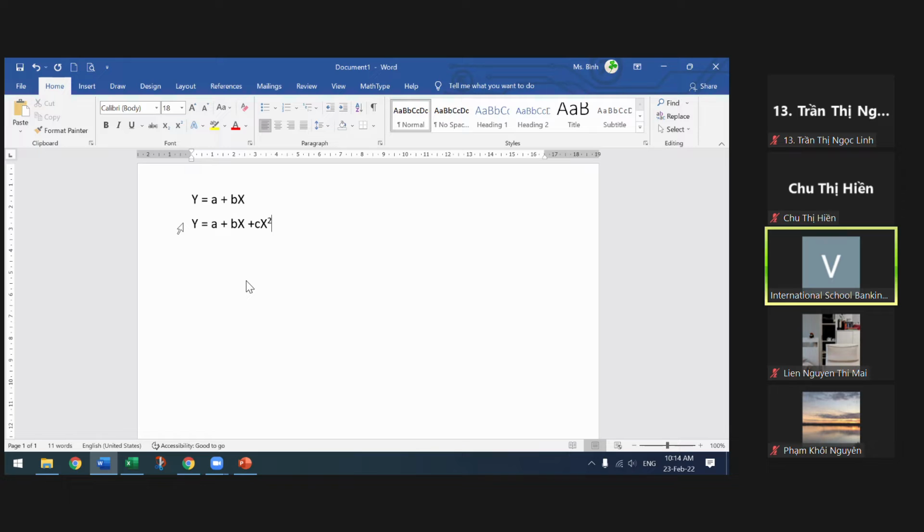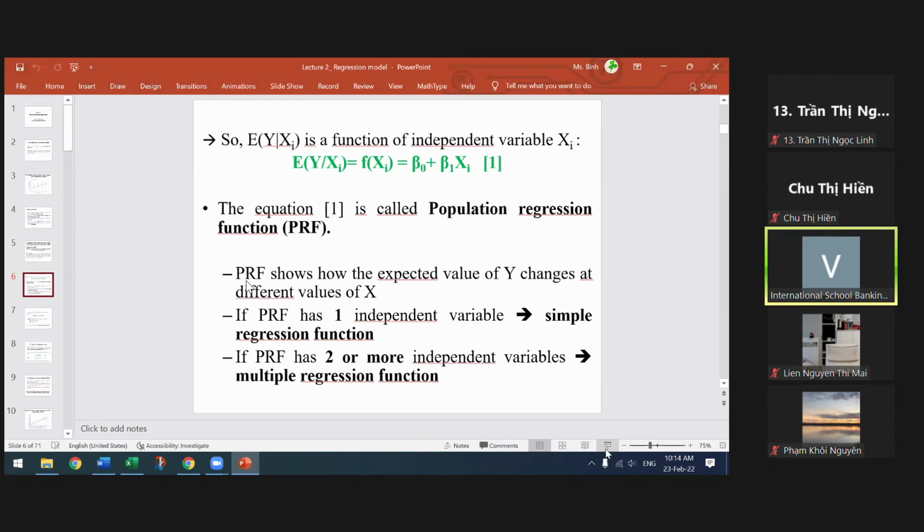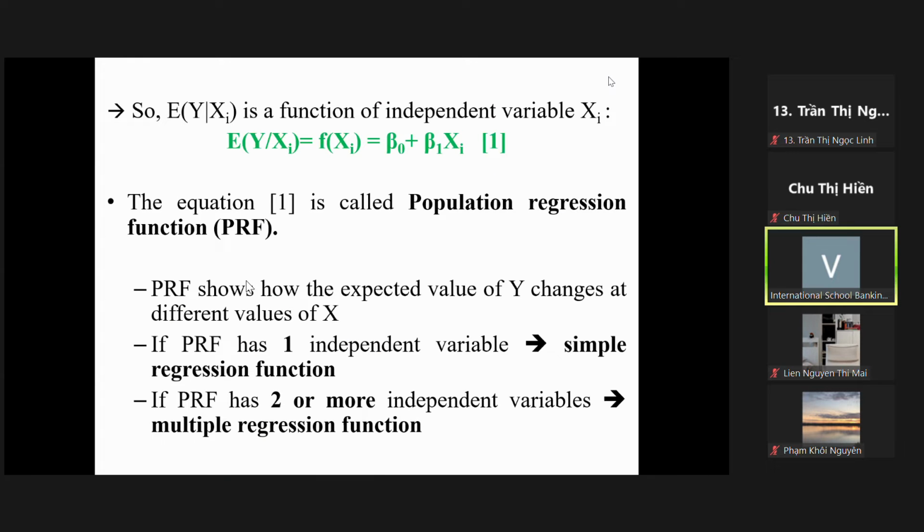So based on that definition of the graph of the regression line, we have to set up the regression function, and the regression function has to reflect the regression line. Okay, so now that we already have a definition of the regression line, we learn how to set up the regression function. Here we have two kinds of regression function.